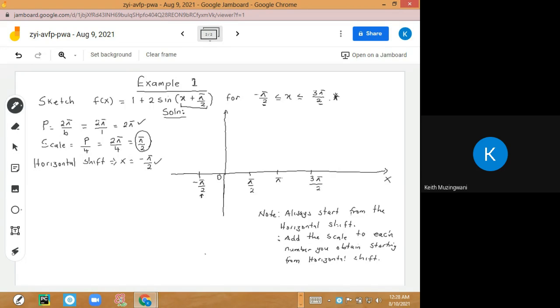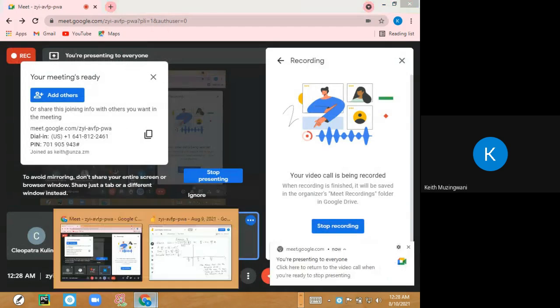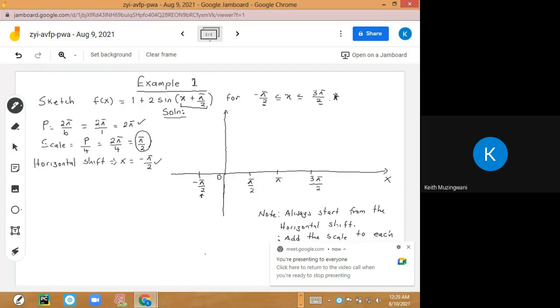The interval goes to the right, so we'll add the scale to the horizontal shift, and then add the scale again to each number we get, until we get to 3 pi over 2. The scale is the spacing on the x values.